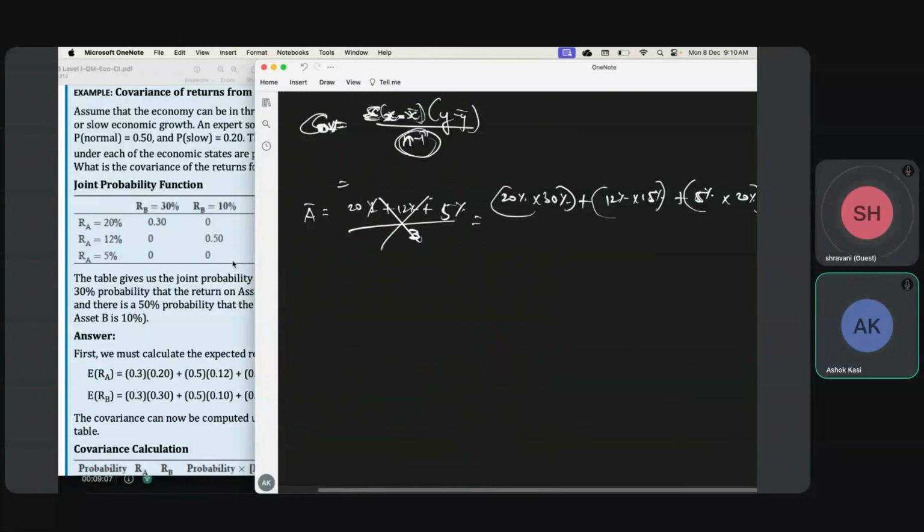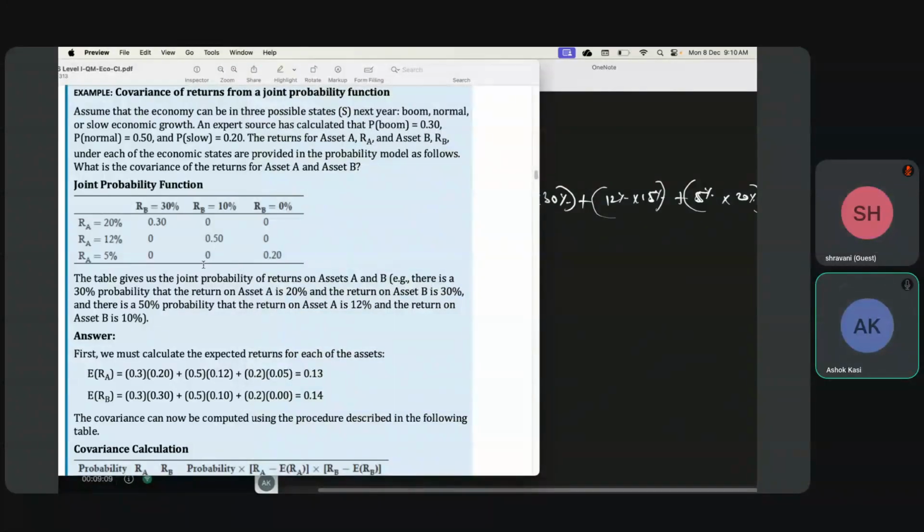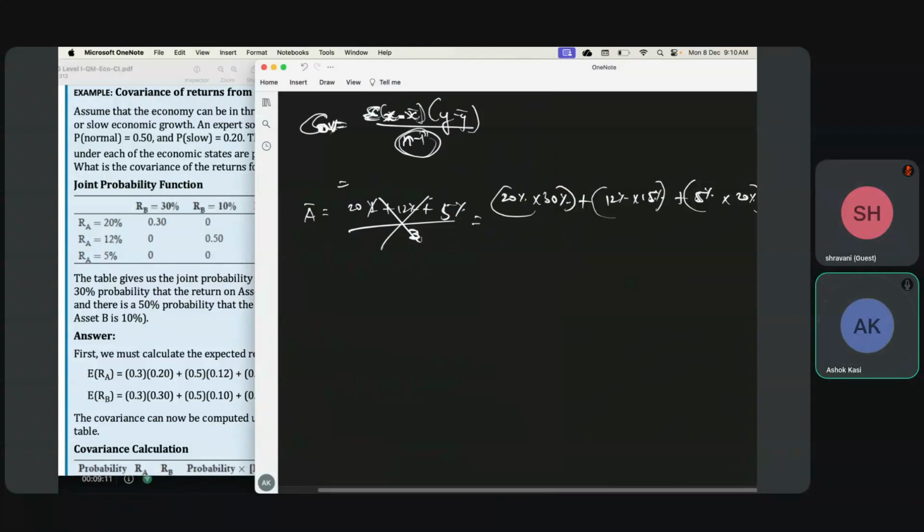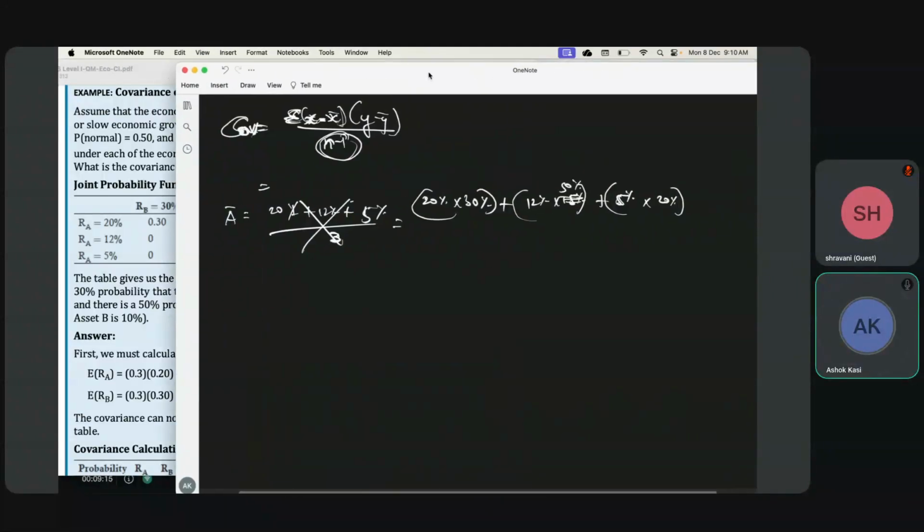This is not 15, this is 50 percent. Just calculate this one. That comes to 13 percent.